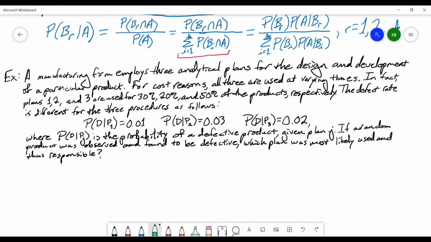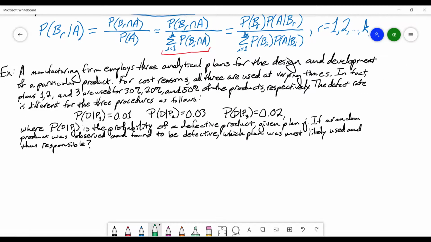So we're going to use Bayes' rule to find the probability that each plan, so plan 1, was used, given that I've selected a defective product.